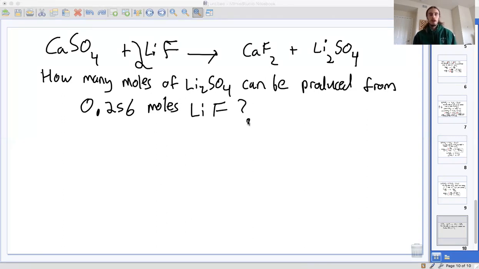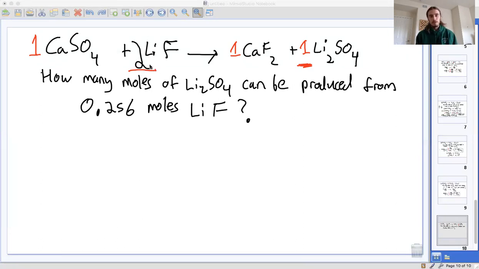All right, so this is a recipe, right? If we look at the recipe, 1 calcium sulfate plus 2 lithium fluorides makes 1 calcium fluoride plus 1 lithium sulfate. So the relationship is that 1 lithium sulfate is made for every 2 lithium fluorides.